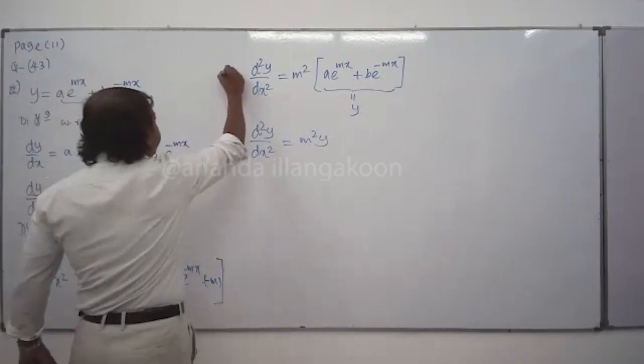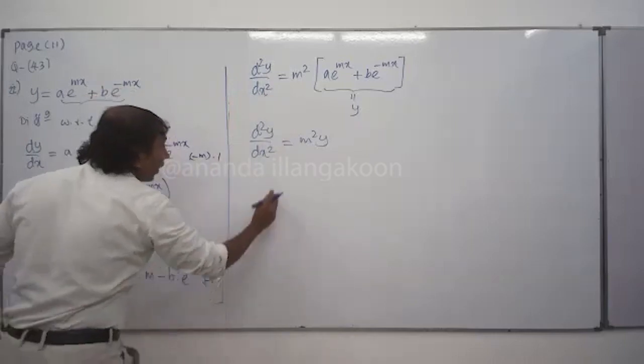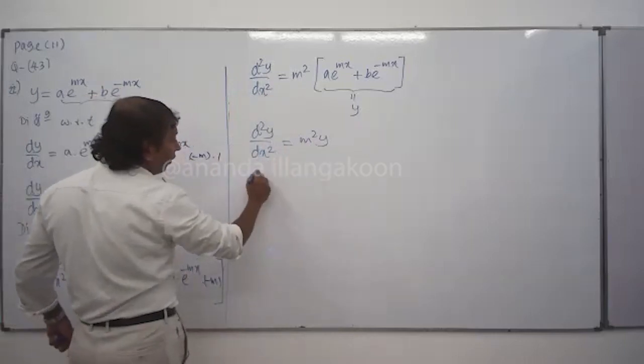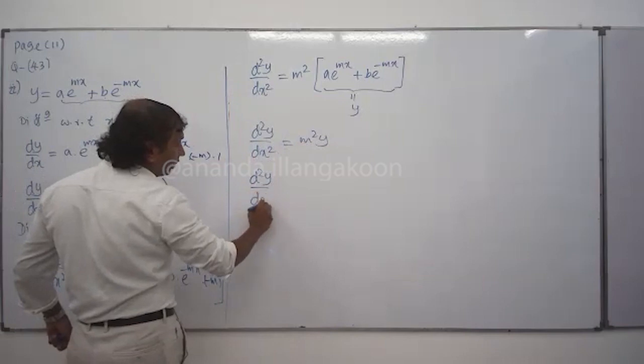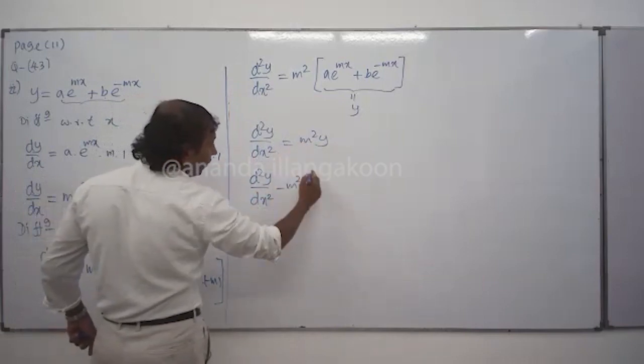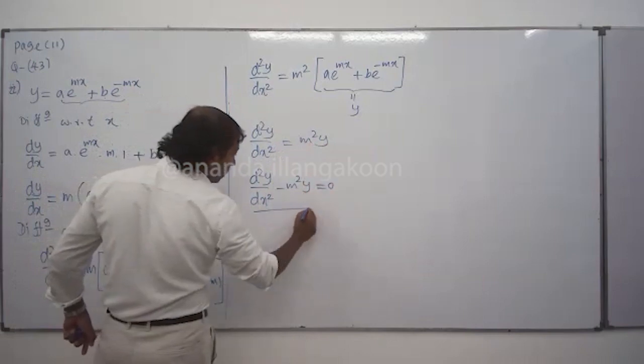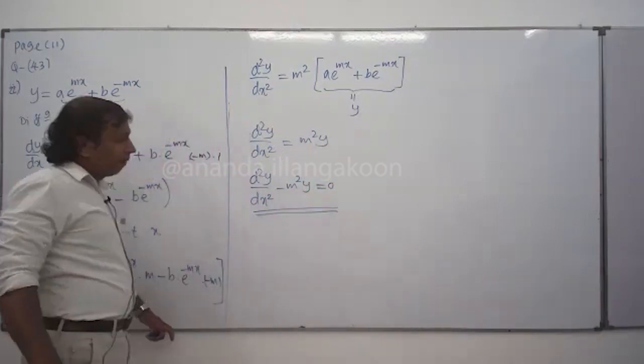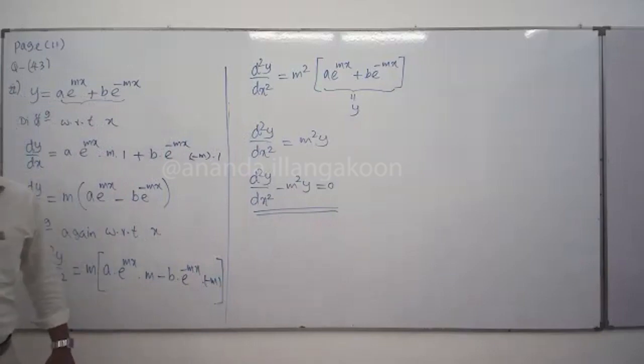People, now once you bring the right hand side m squared y to the left hand side, we get the answer asked for. Once you take this to the left hand side, this is 0. So this is how we get that answer.